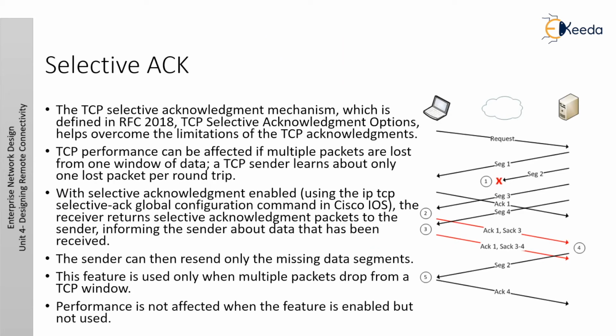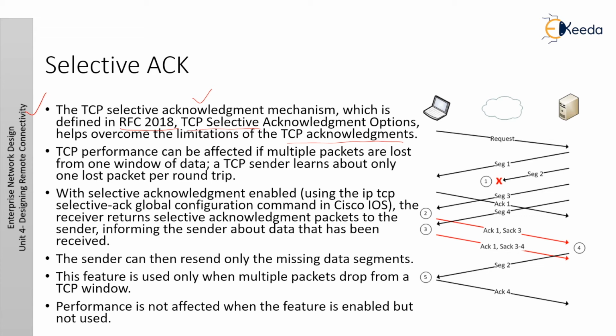This is the TCP selective acknowledgement mechanism, which is an RFC 2018 standard. TCP selective acknowledgement options help overcome the limitation of TCP acknowledgements. So here we can see that a request is sent, then segment 1 acknowledgement, segment 2 acknowledgement has been lost, then segment 3, segment 4, likewise it is coming.